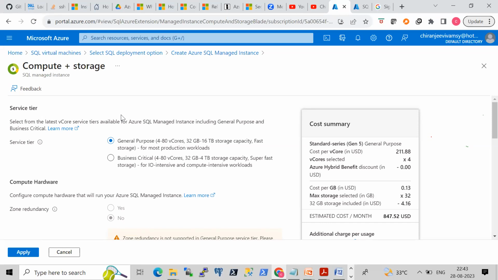Inside the DTU model, I have basic, standard, and premium. When it comes to MI, I don't have the DTU model at all, so completely ignore it, and I don't have hyperscale either. These are the differences when you choose the service tier. Is this clear?